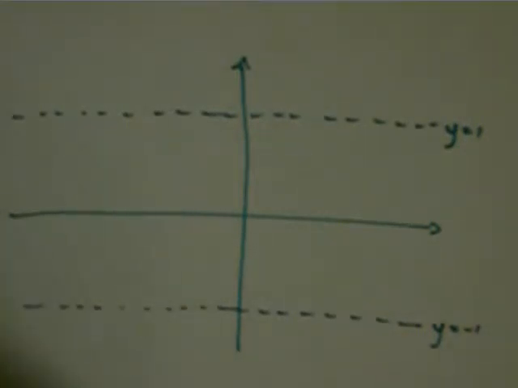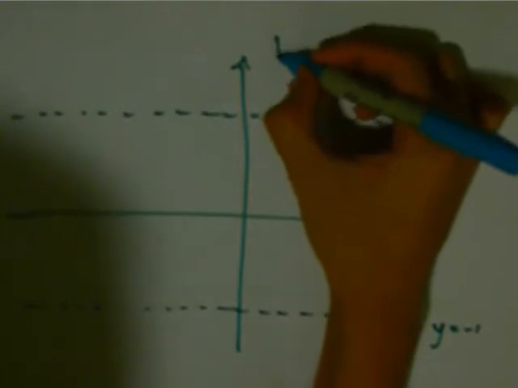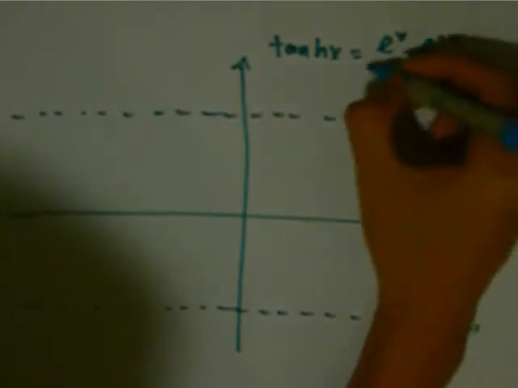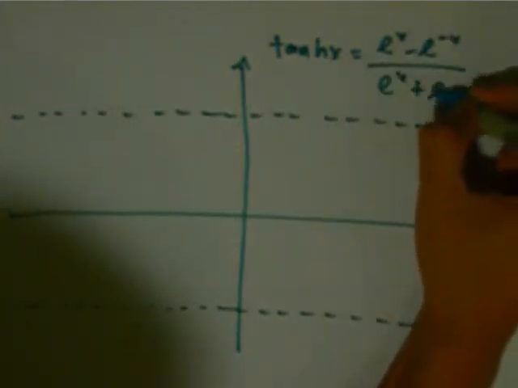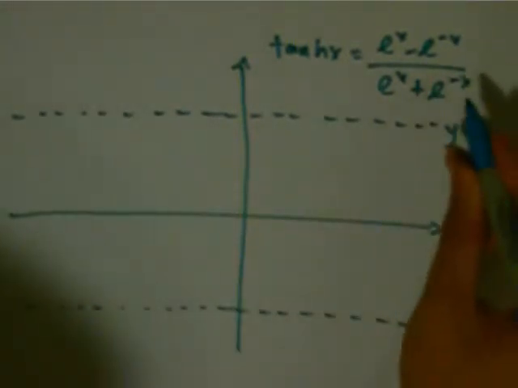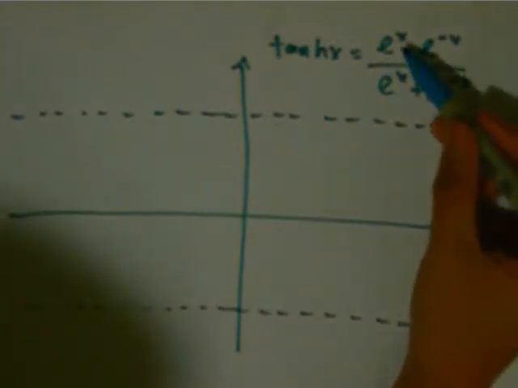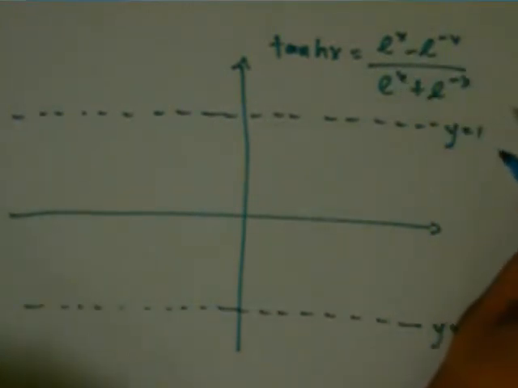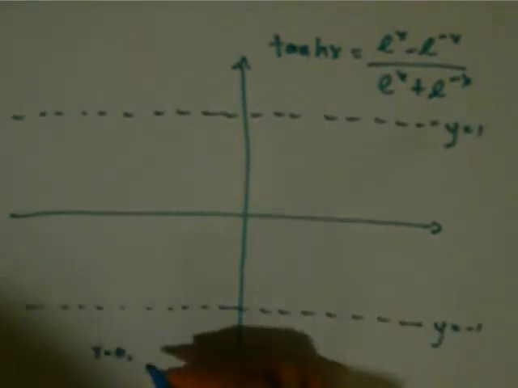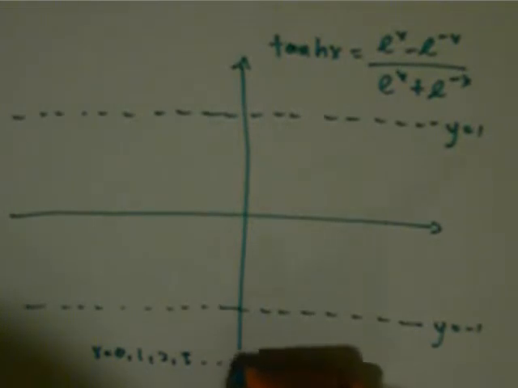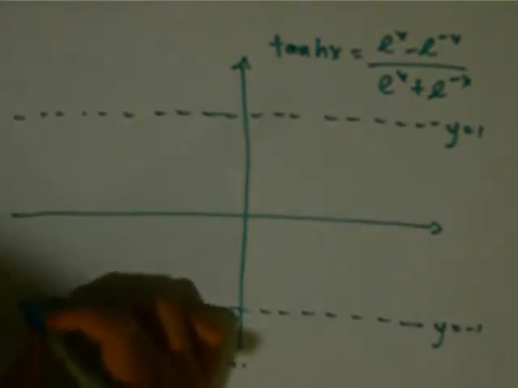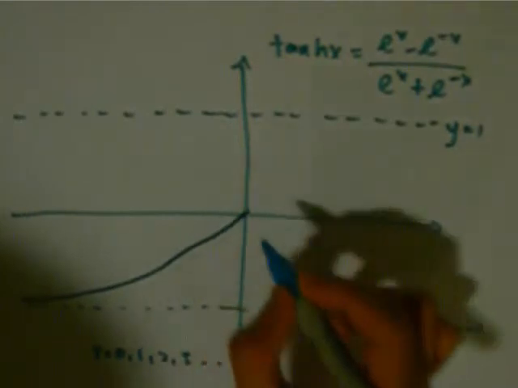Since exponentials are found in both the numerator and the denominator of tangent hyperbolic x, if we were to draw out the curves as well, we wouldn't be able to relate them to the graph because exponential is being divided by exponential. But no worries, we can still find the shape of the graph by substituting values of x equals to 0, 1, 2, 3 and so forth. Our graph actually looks something like this.